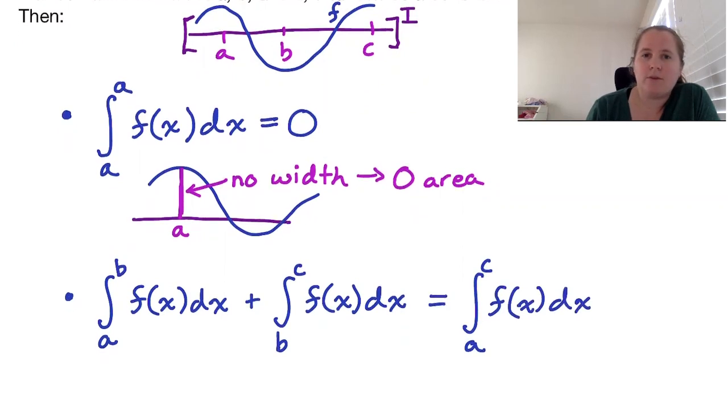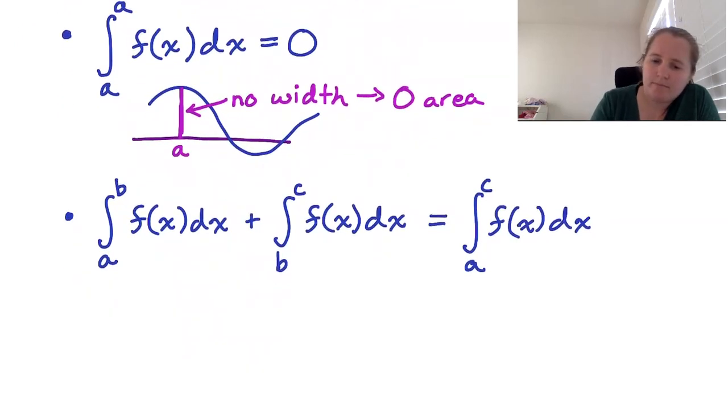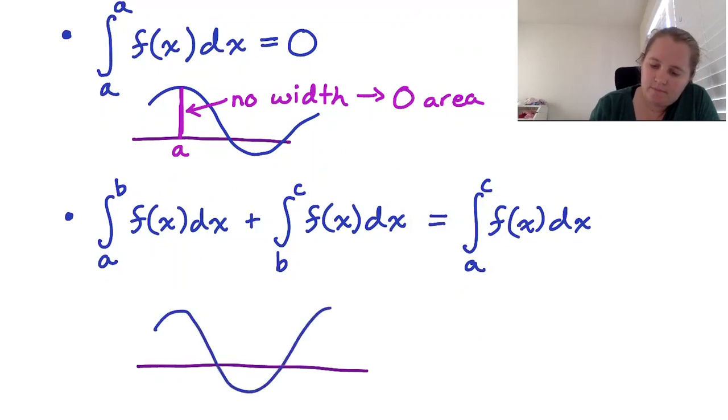So essentially what we're saying here is if we have our curve, we have our a, b, and c, we can find the area in pieces.